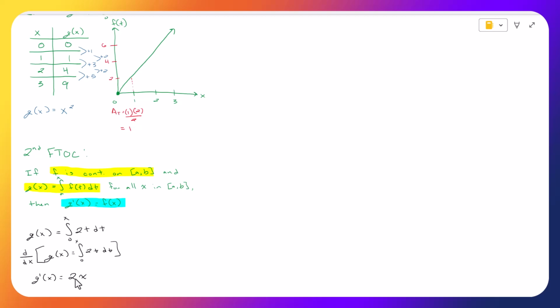Differentiation and integration are, drumroll please, inverse operations. Boom.